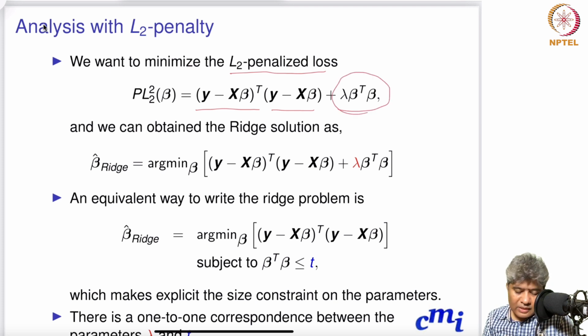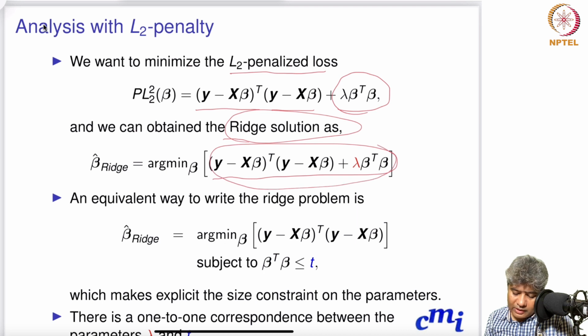If we penalize this, that will give us the Ridge solution. All we have to do is just minimize this objective function with respect to beta, and the solution is called the Ridge solution.